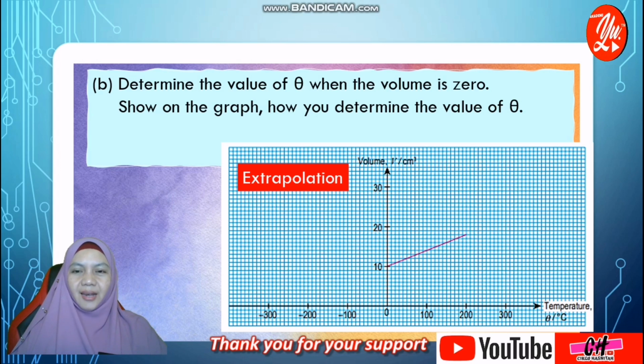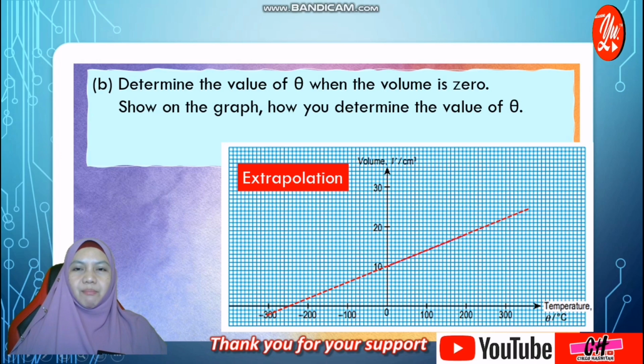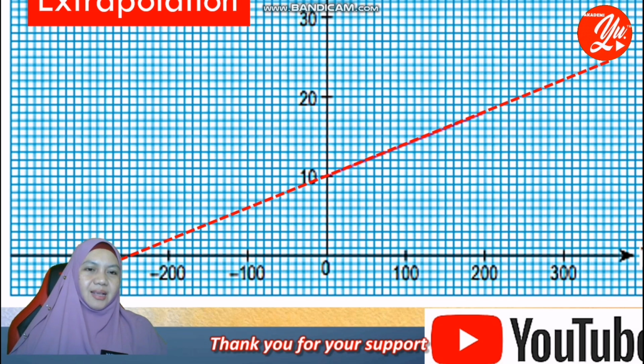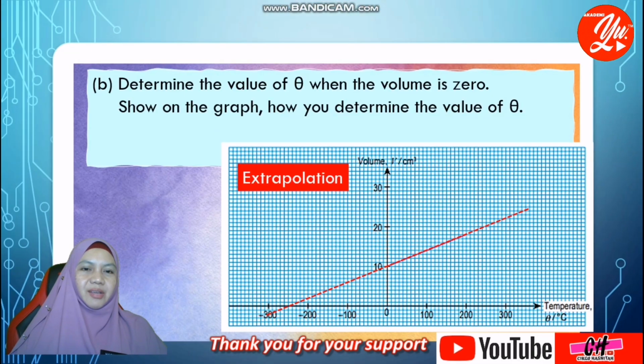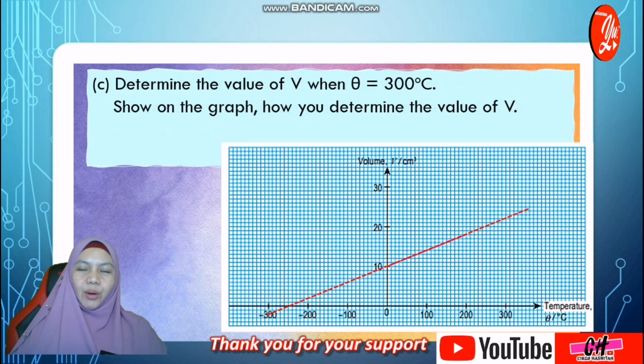We have to extend the line of the graph until we meet where volume is 0. If you look here, this is where volume is 0. And what is the temperature there? It is exactly in between -200 and -300 degree Celsius, where the temperature is -250 degree Celsius.